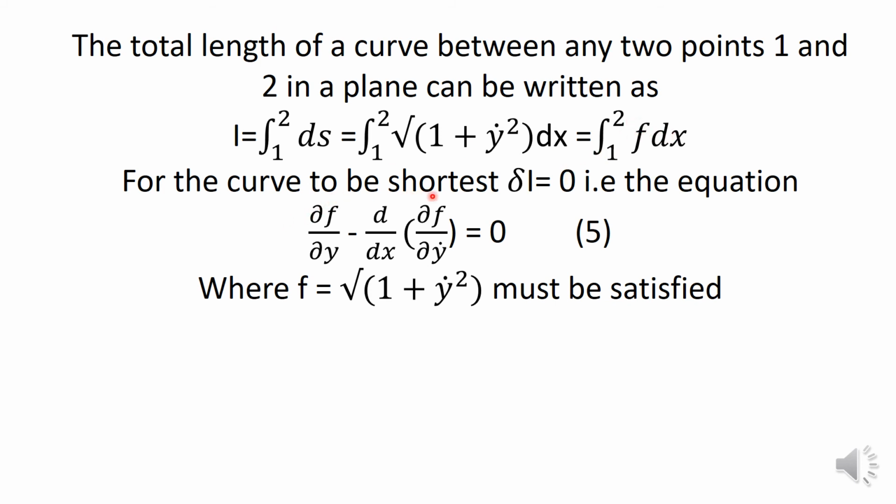For the curve to be shortest, δI is equal to 0, that is the equation ∂f/∂y minus d/dx ∂f/∂ẏ is equal to 0, this is equation 5, where small f is equal to the square root of 1 plus ẏ squared, must be satisfied.